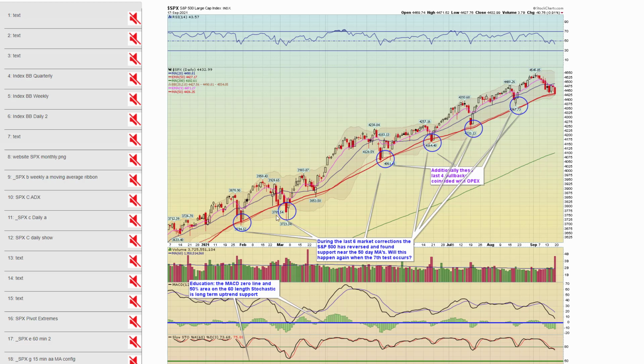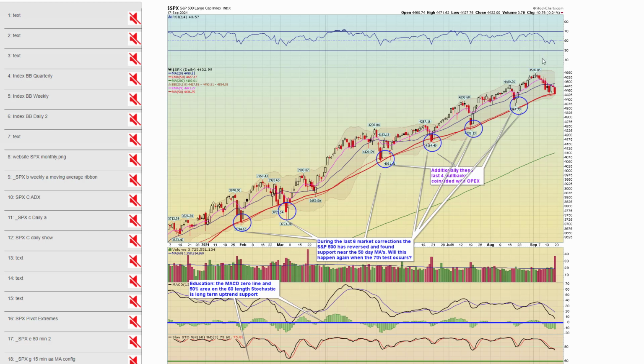At most, they went 1 day below the 50-day moving average, like you see here, and then reversed. Reverse, down, reverse, reverse. And the last 4 times here, these have coincided with options expiration. So you had weakness into options expiration, and then rally strength afterwards to new highs.